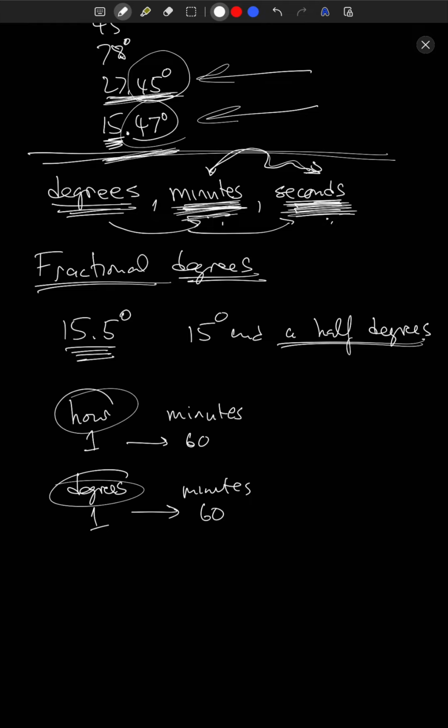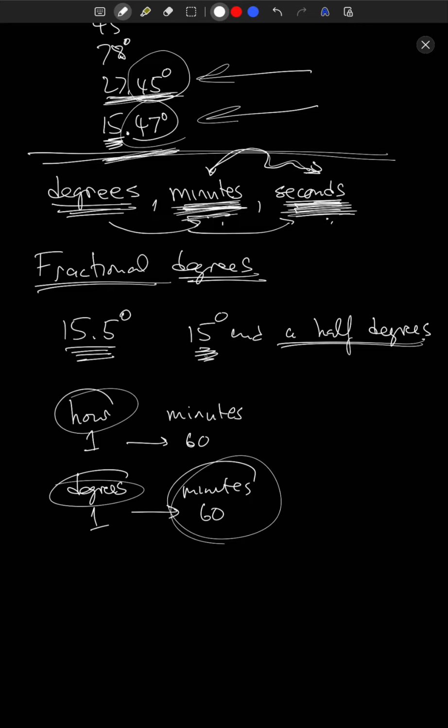All right, so if you want to convert 15.5 degrees into 15 degrees and so many minutes, you do it in the same way that you do it with time, right? So 3.5 hours, what is that in terms of hours and minutes, right? 3.5 hours is 3 hours and 30 minutes, right? We're all comfortable with that. And it's exactly the same with degrees, all right?